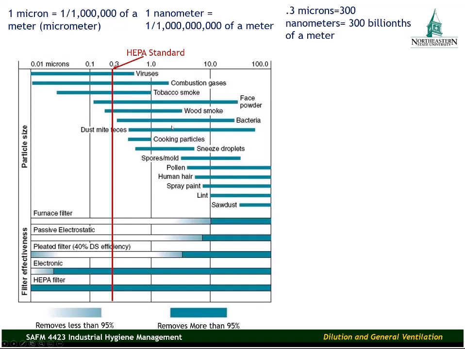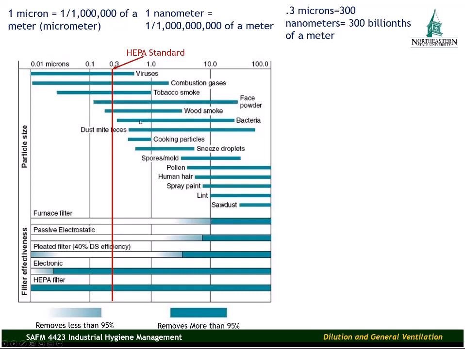Here are some other contaminants: combustion gases like carbon monoxide. Some of those combustion gases are less than 0.3 microns in size. Tobacco smoke, face powder, wood smoke. You're going to be protected pretty well from wood smoke.